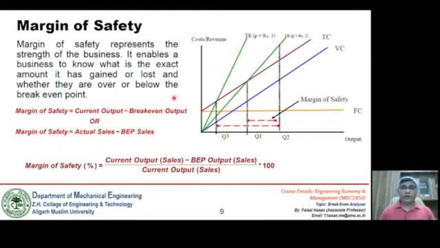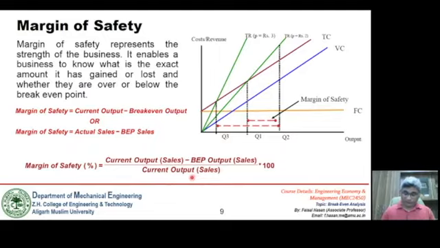We can also define it in terms of sales: if we project these lines on the y-axis, margin of safety is actual sales minus break-even sales. In terms of percentage, margin of safety is current output minus break-even output, divided by current output, multiplied by 100.